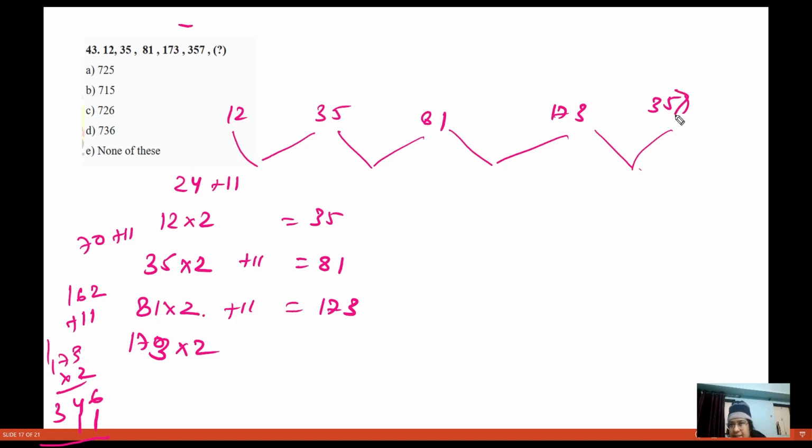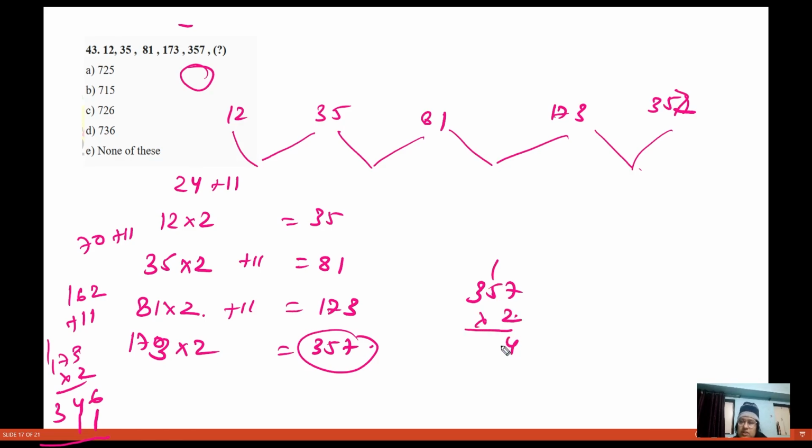Okay, this is 357 only. I wrote 351 by mistake. So this is coming to be 357. So what I basically had to do here, 357 into 2, that means 14, 5 twos are 10, 11, 1 carry over, and this is 7, and plus 11. So very simple, 725.